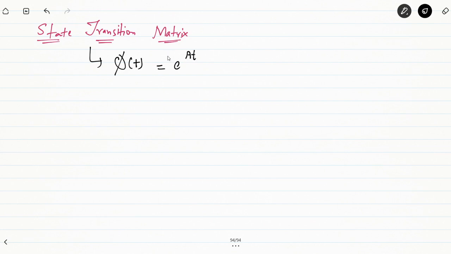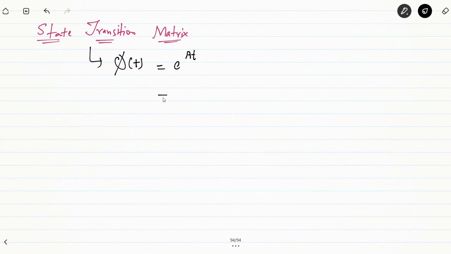It's an exponential function, and also a matrix, because A is the matrix from the state space model. We can determine the solution of a state space model using the state transition matrix.